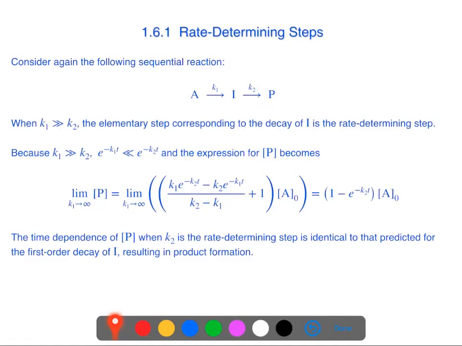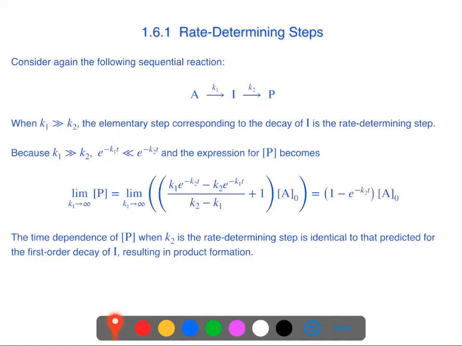So because of that, if K1 is much greater than K2, so K1 is a much larger value, if we look at K1 in the exponential term, e to the minus of a much larger number is going to be a much smaller value than e to the minus of a smaller magnitude of rate constant.